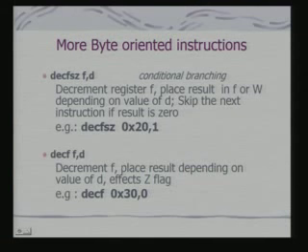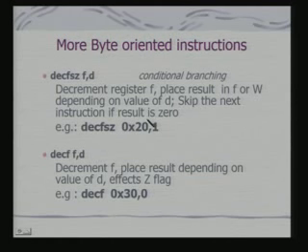Now, this instruction that we are looking at here is interesting in various ways, because this indicates an operation as well as branching. It is not just a simple branching instruction. In this case, you decrement the register F, you place the result in F or W depending on the value of your destination bit D, and then you may skip the next instruction if the result is 0.